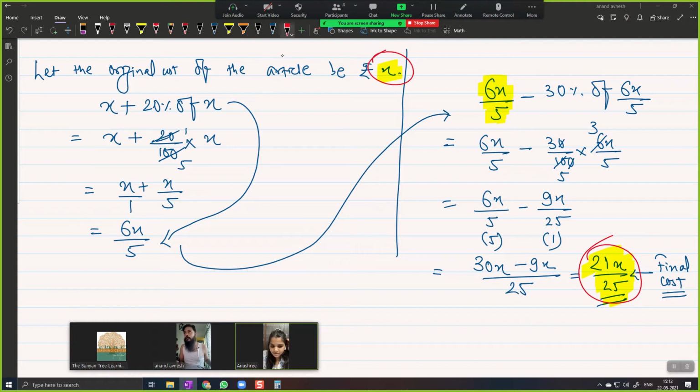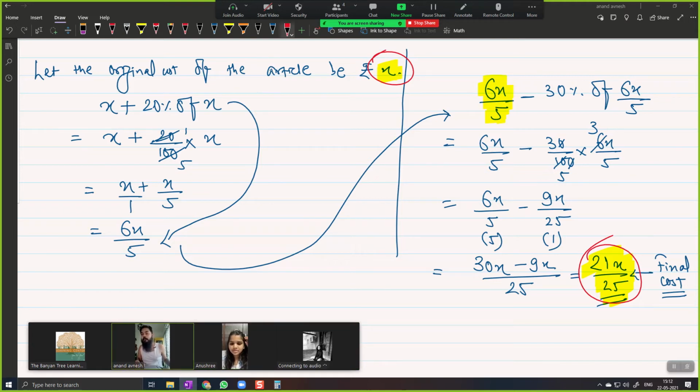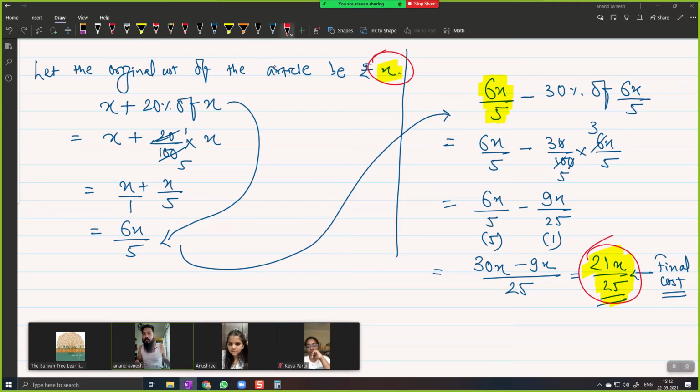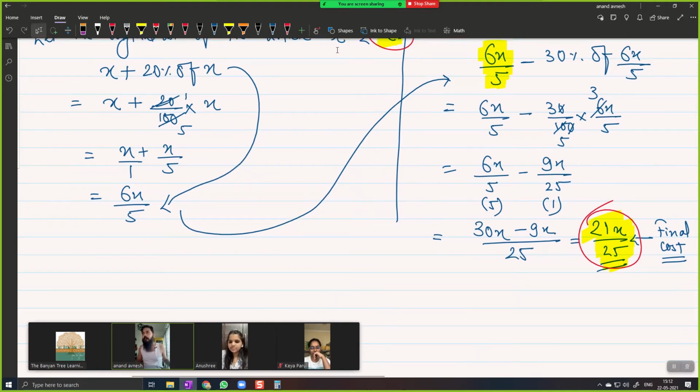It decreased. 21x by 25 is a proper fraction; 21 is smaller than 25. If the denominator is bigger, the number is smaller than 1, and here it is just x, that is 1x. So the number became smaller than x. That means the cost also decreased.